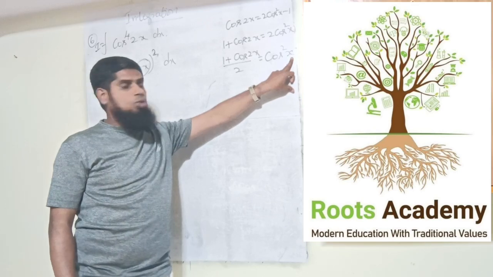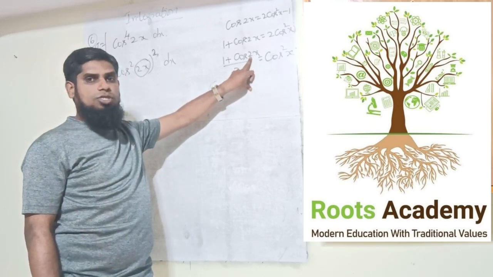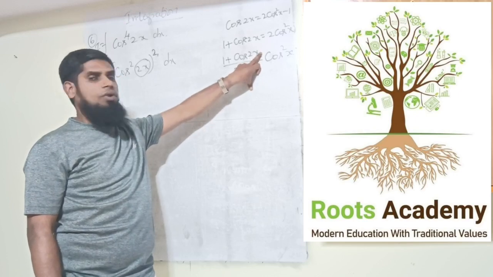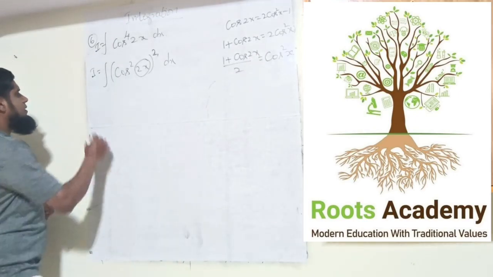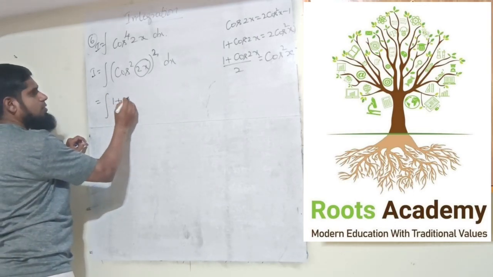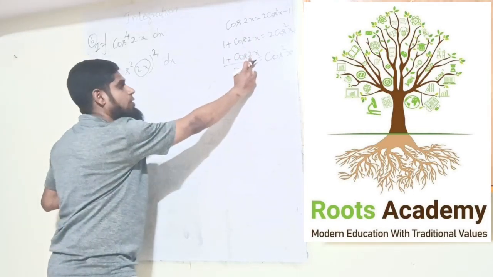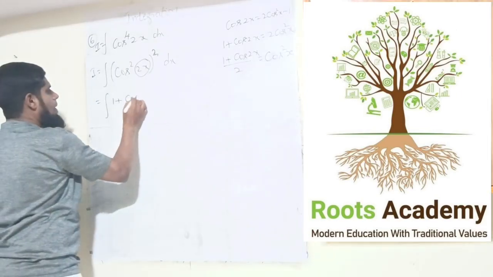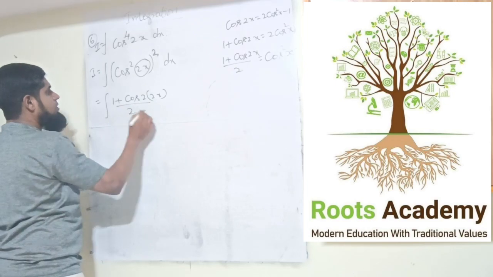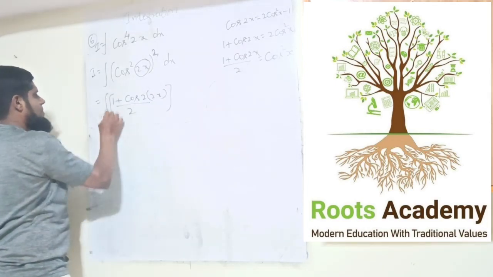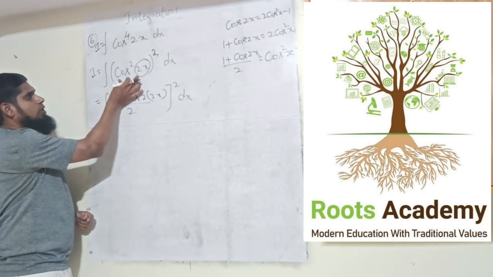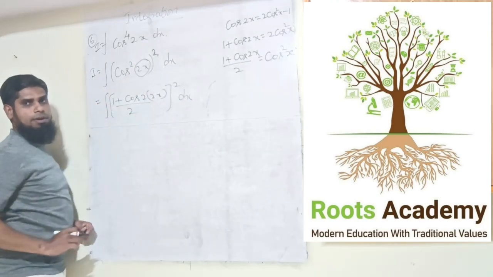So if I write x as 2x, then this 2 multiplies to this x. So x is 2x, 2 2s are 4. Totally I will get integral of 1 plus cos 2 into 2x whole divided by 2, whole square dx, because cos square 2x has a square, which comes out here.